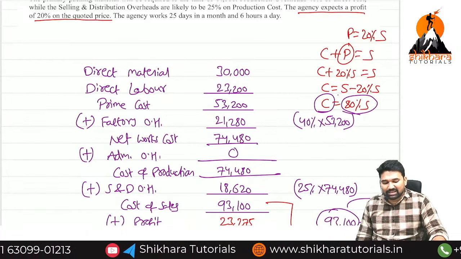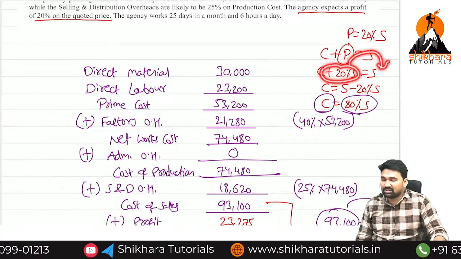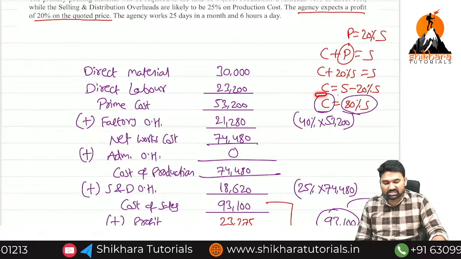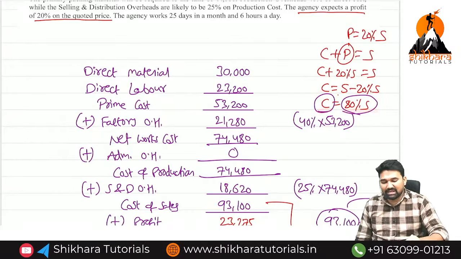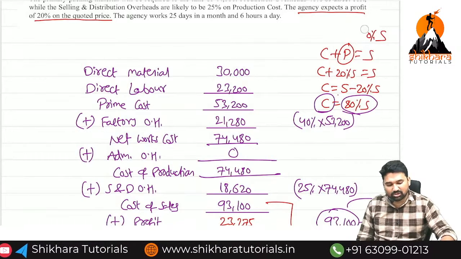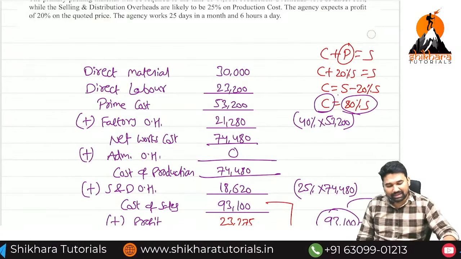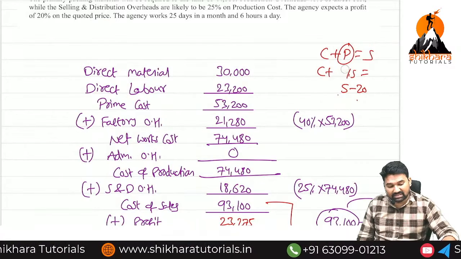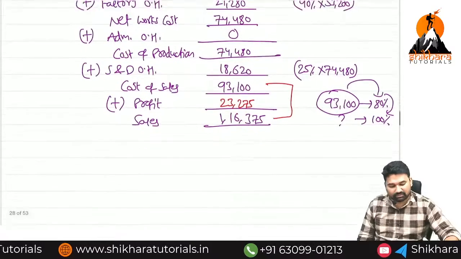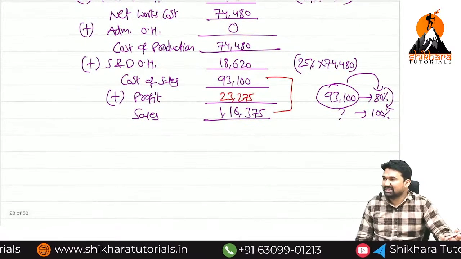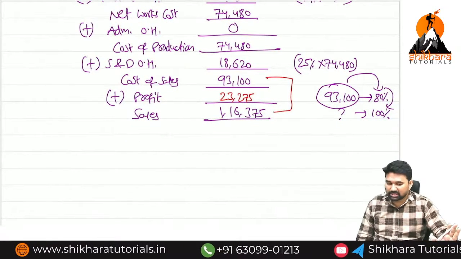If you take this plus sign to the opposite side, it will become minus. So C is equal to S minus 20% S, which means C is equal to 80% of S.